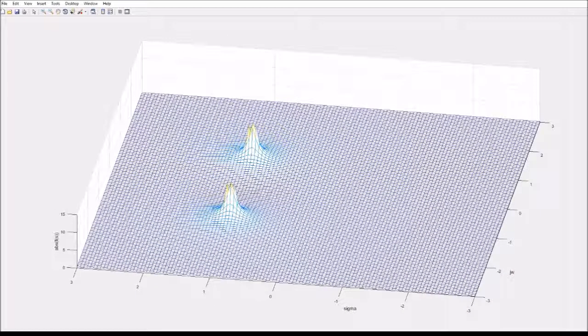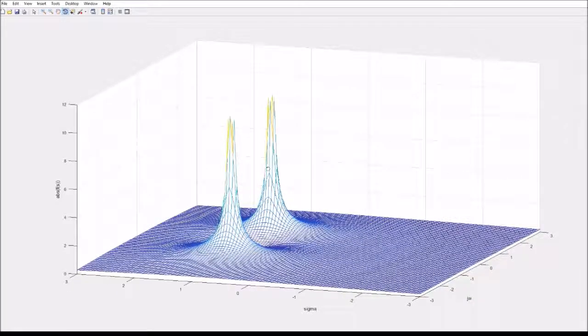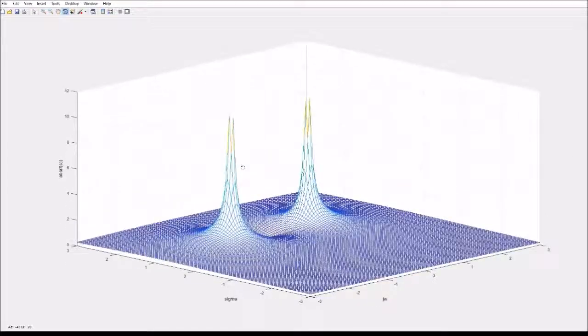Let's see if I can bring it up in MATLAB here. Okay, so this is our cos value. So that there is our surface we're going to look at. Okay, so what you see here is our function cos omega t e to the sigma 1 t.